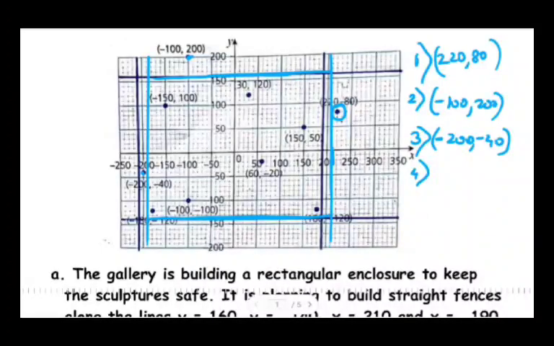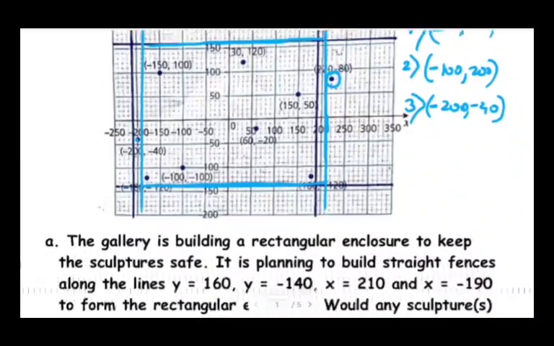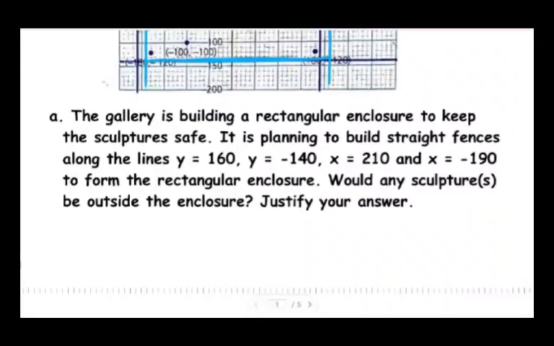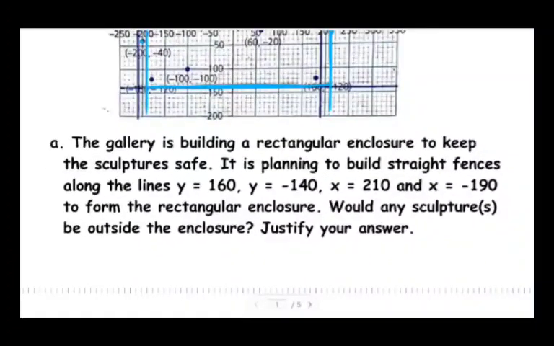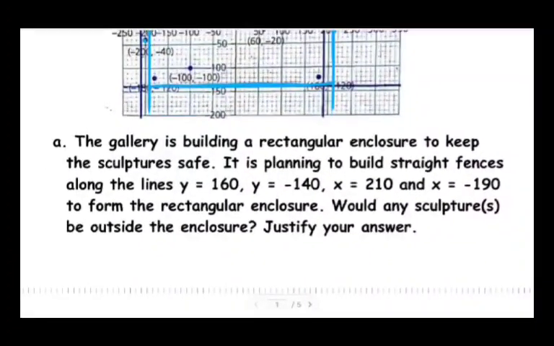Let's see, can we find any more? So we found 220 by 80. Yeah, that's it. 3 points outside the enclosure. Now they're saying to justify your answer.